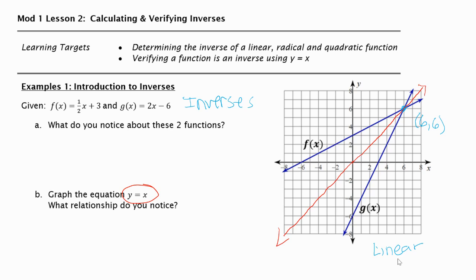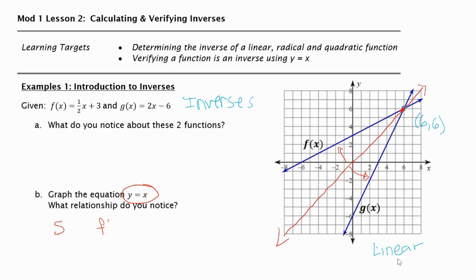We can see that if I reflect f of x across that y equals x line, the red line I just drew, you're going to see they're actually symmetrical, right? So there's a relationship between y equals x and being symmetrical. Graphically, with an inverse, you're going to notice that they're symmetrical.